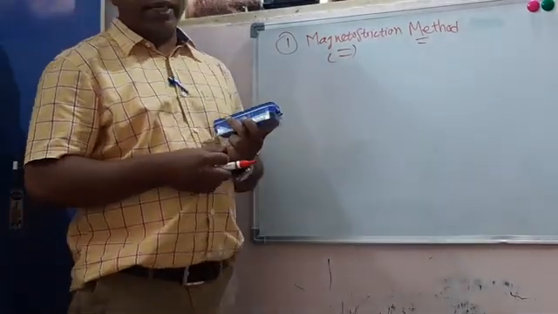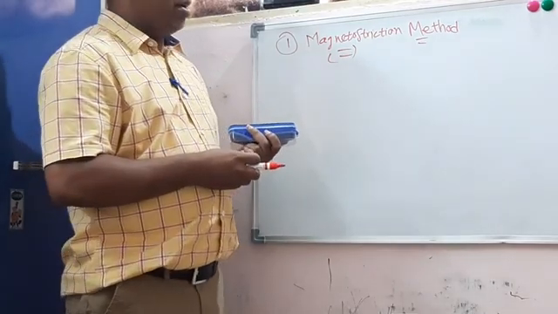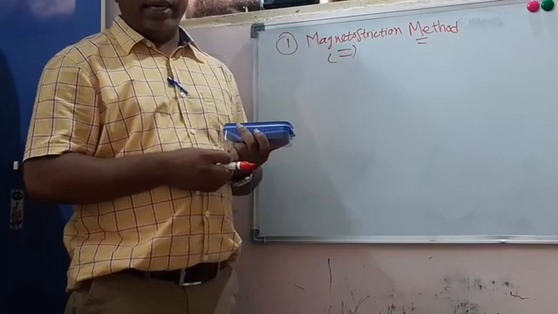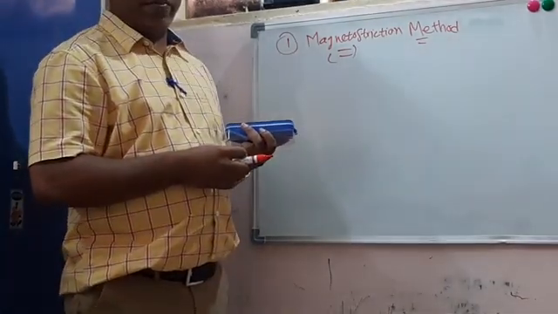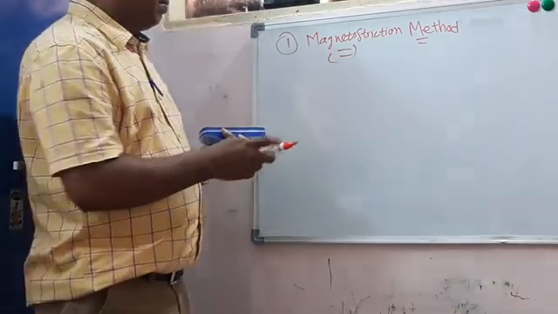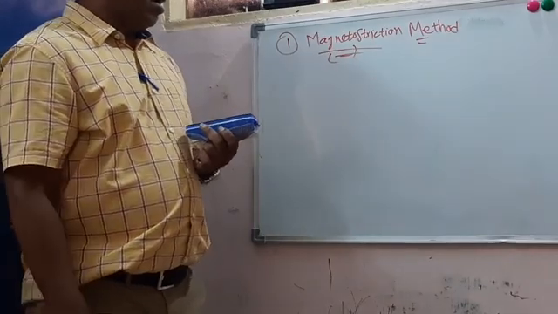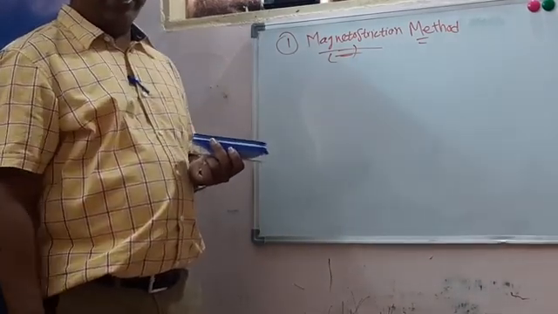So this changing nature of length during the time of magnetization as well as demagnetization is said to be magnetostriction. So in this method, ultrasonic waves can be generated.